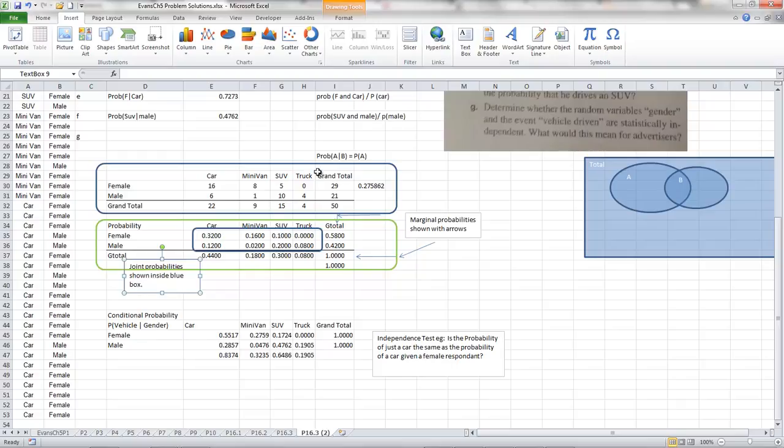But I'm using the equation for the conditional probability. That means the probability of a car, given that it's a female, is the joint probability, that's car and female, over the probability that it's a female. So that's the equation we've used in earlier problems. And so here, when we want to look at the conditional probability, this is the equation right here.